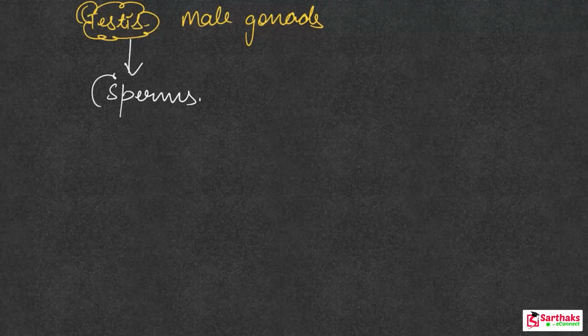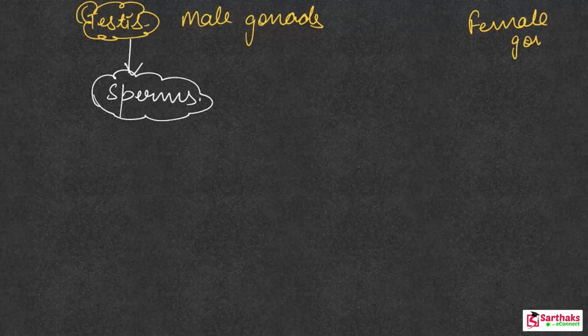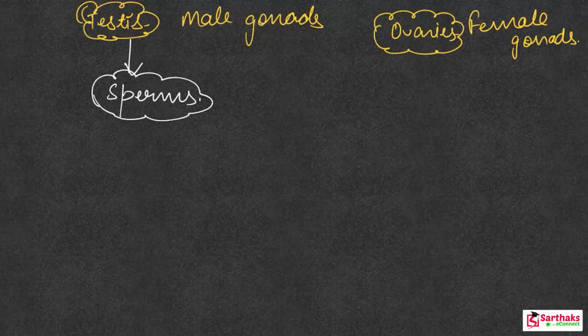Then the testes produce sperms. Similarly, the female gonads. What is the name of the female gonad? It is the ovaries. Keep in mind that ovary and testis are the gonads.